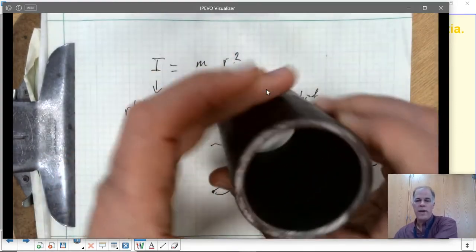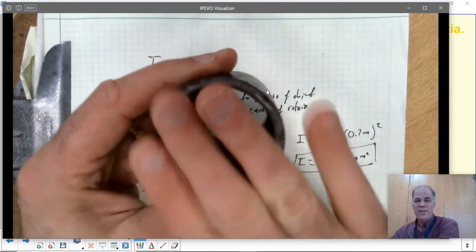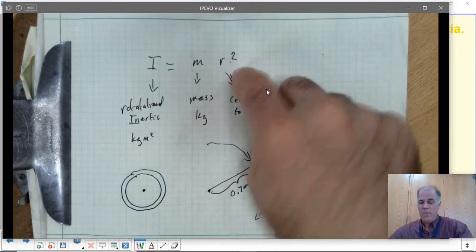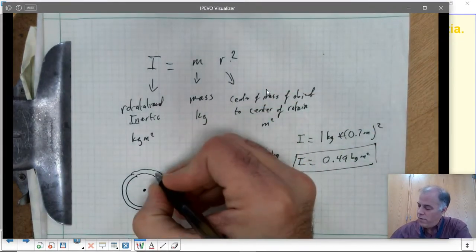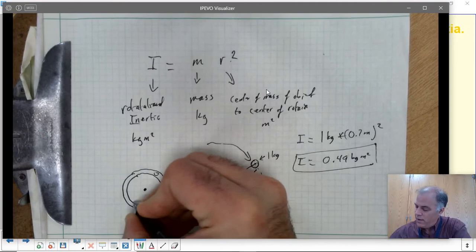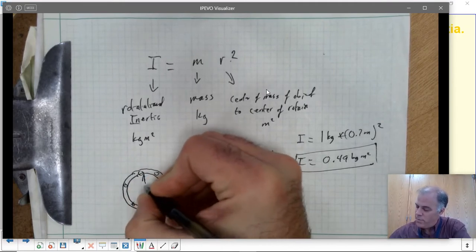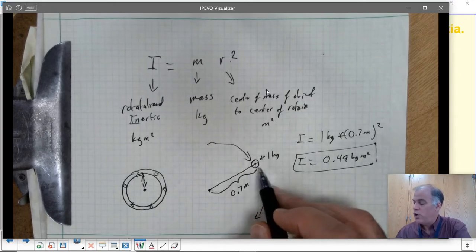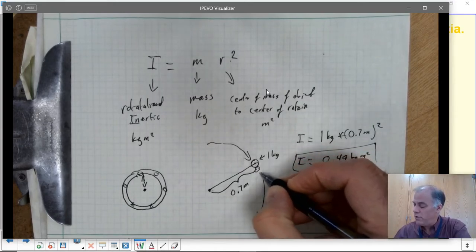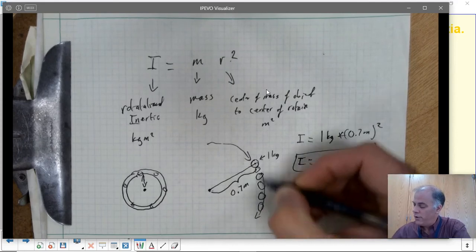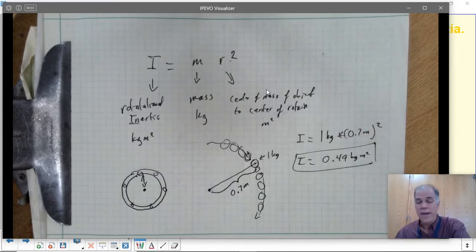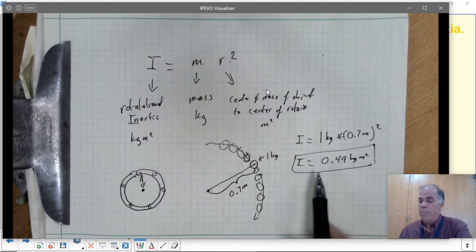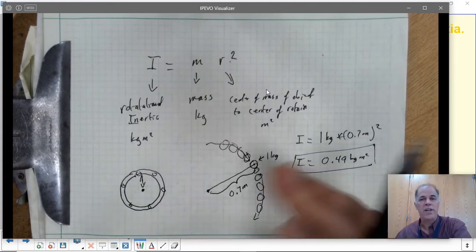And if I try to rotate it like this, the equation for this rolling or rotating in this manner is the same, because all of the mass is concentrated the same distance from the center of the pipe. So it's as if it's an accumulation of a whole bunch of these balls on strings, all strung together around a giant hoop.